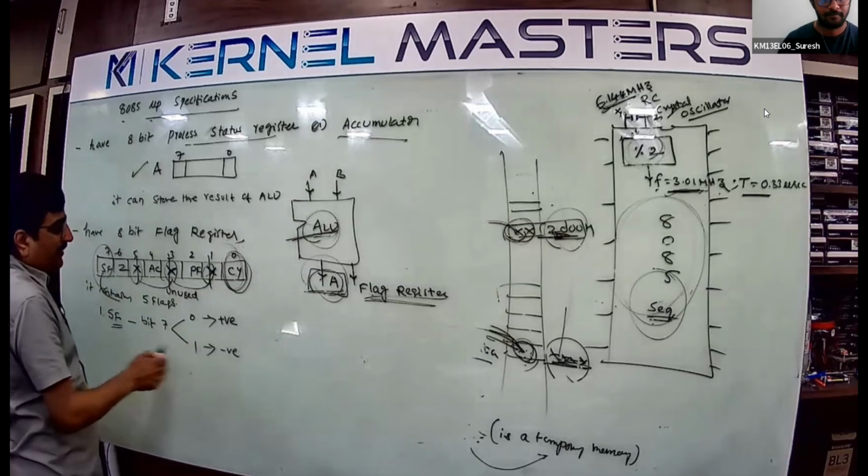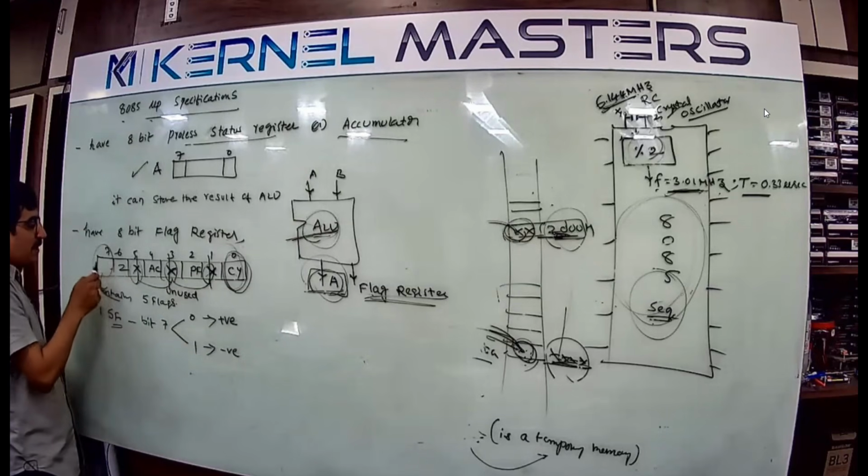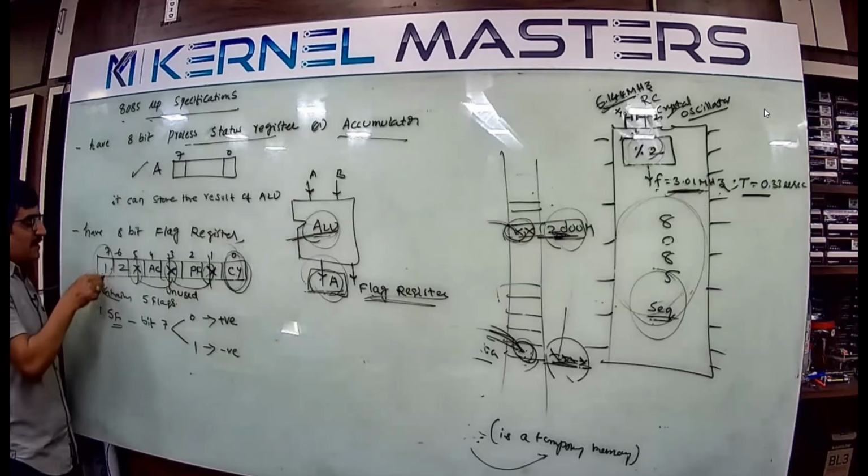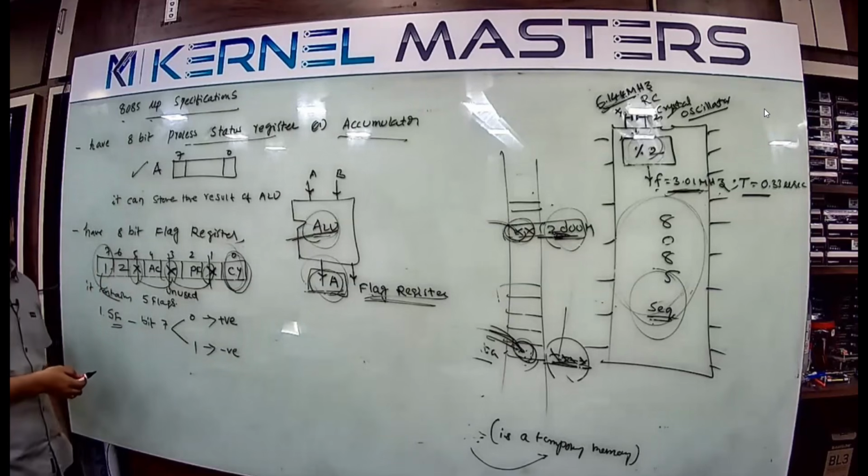So sign flag equal to 0 means the number is positive, and sign flag equal to 1 means the number is negative.